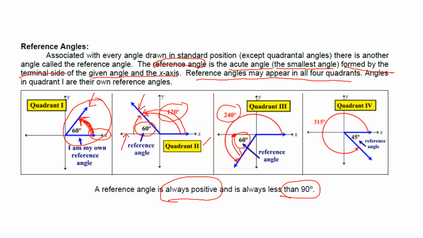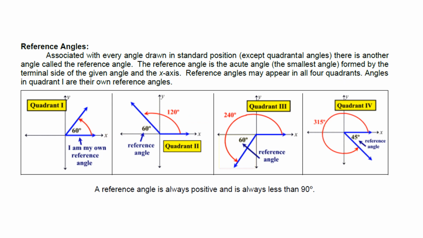Now, how about in quadrant number 4? We have 315 degrees. Again, how do we find the reference angle? It is the smallest angle coming from the x-axis to the terminal side. So this is the x-axis, and then we go to the terminal side. For example, this is 45 degrees.